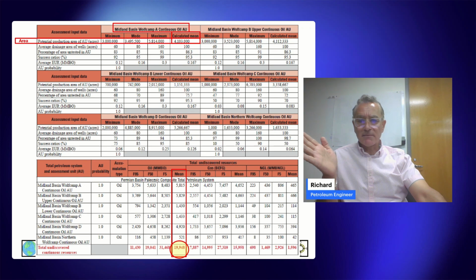It's the cumulative sum of the Wolfcamp A, Wolfcamp B upper, Wolfcamp B lower, the Wolfcamp C, the Wolfcamp D, and then the northern portion of the Wolfcamp in the Midland Basin. Cumulatively at the P50 mean, it's approximately 20 billion barrels of oil, and if we look over here at the gas and the mean, it's about 16 TCF of gas. That's an enormous amount of resource.